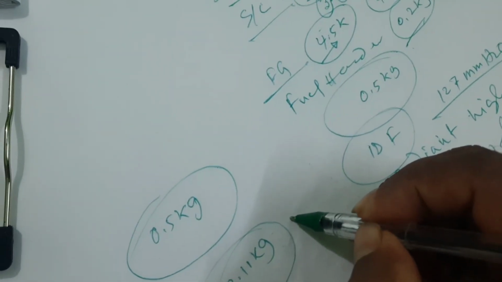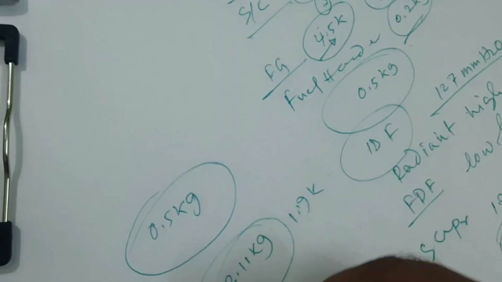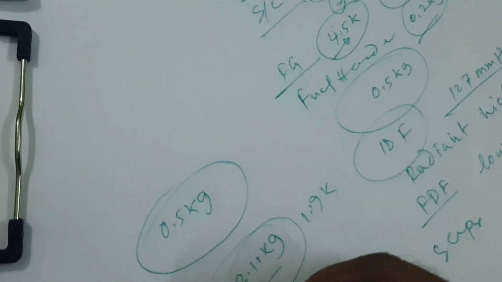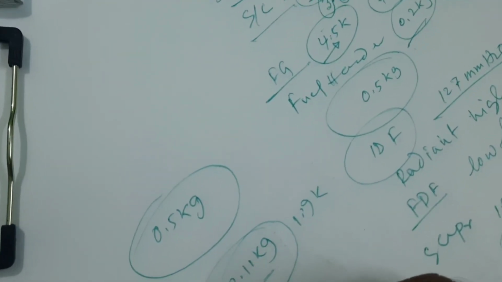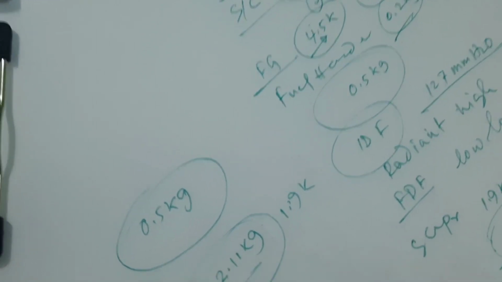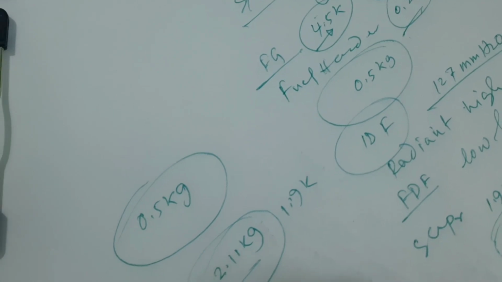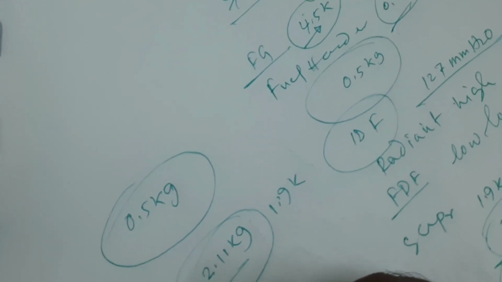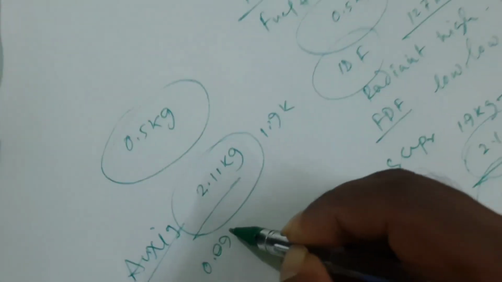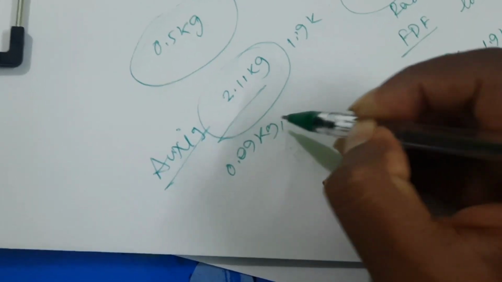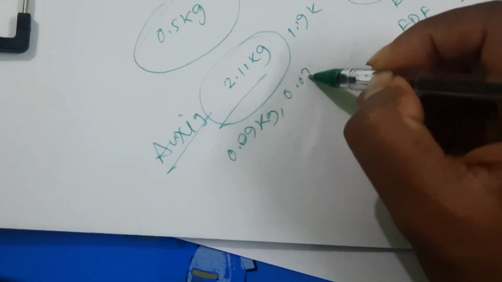Alarm will appear at 1.9 kg and the auxiliary boiler will trip at 2.1 kg. And another one, if auxiliary boiler pressure is low, the main burner will also trip. Low alarm will appear at 0.09 kg and trip at 0.07 kg.